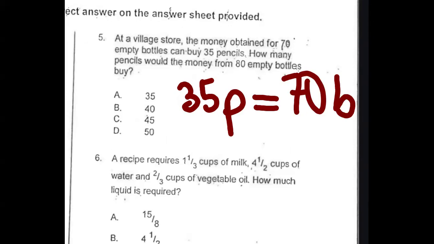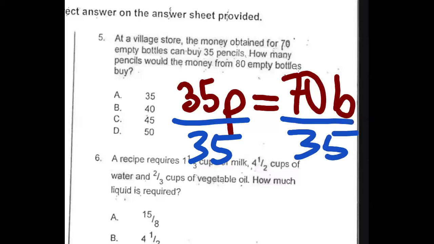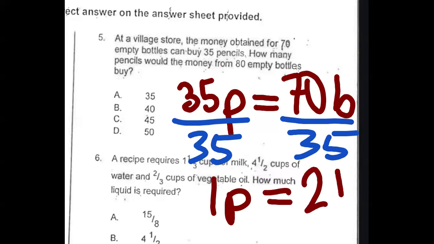If I divide this by 35 and this by 35, it means that every 1 pencil results in 2 empty bottles.